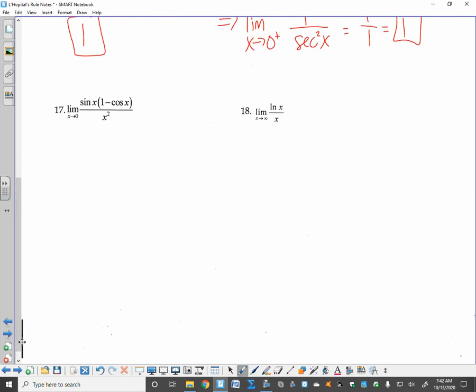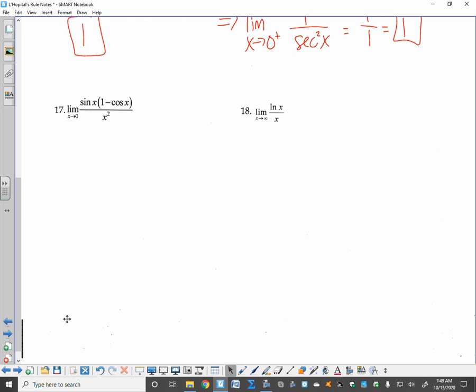All right, 17. Okay, so for 17, if I plug a 0 in, sine of 0 is 0, so that would take the whole top to a 0, and the bottom would obviously go to 0, so all is good.